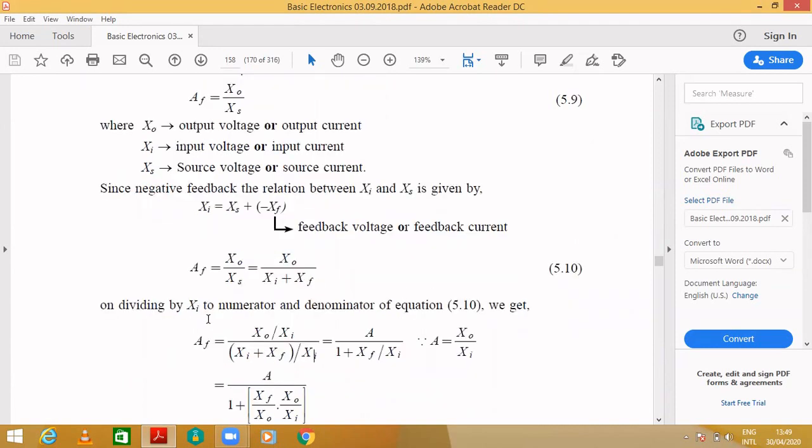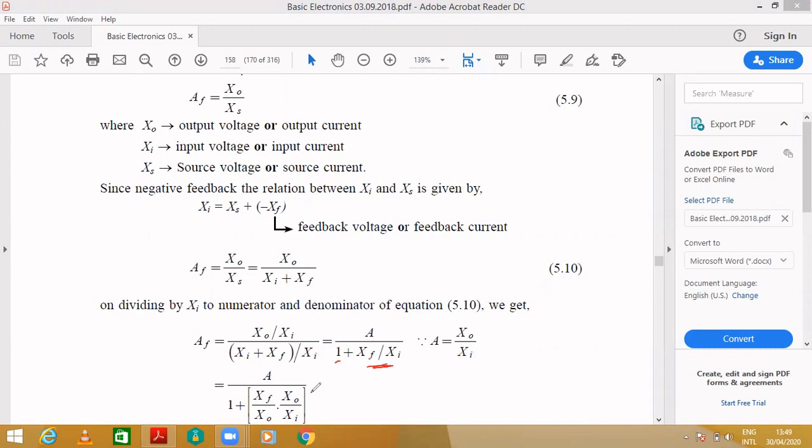Next, on dividing the numerator and denominator by xi, we get x0 by xi over xi plus xf by xi. Here x0 by xi is nothing but A, and in the denominator xi by xi gets cancelled and becomes 1, while xf by xi remains the same.